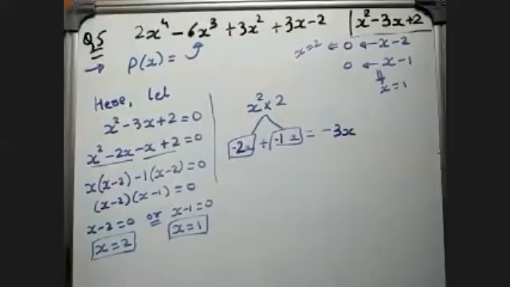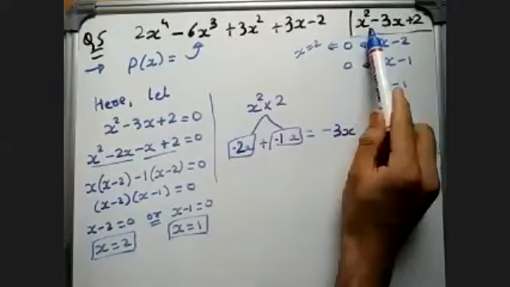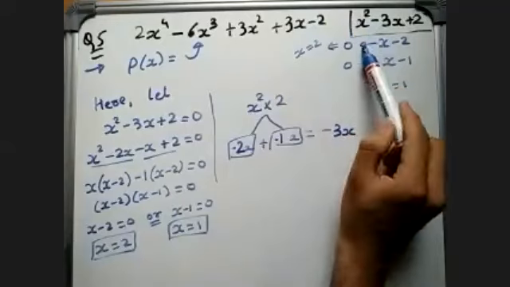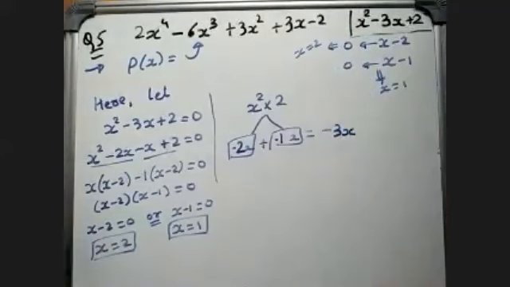Right? But here, they have given that it is divisible by x square minus 3x plus 2, or we are dividing it by x square minus 3x plus 2. So in previous cases, whatever we were asked to divide by, that is our divisor, we were taking our divisor 0 and finding the value of x for which these divisors are 0. So here divisor instead of linear polynomial is given as quadratic polynomial.